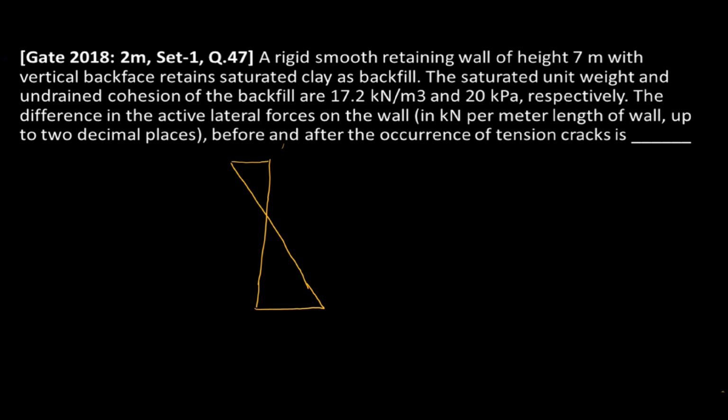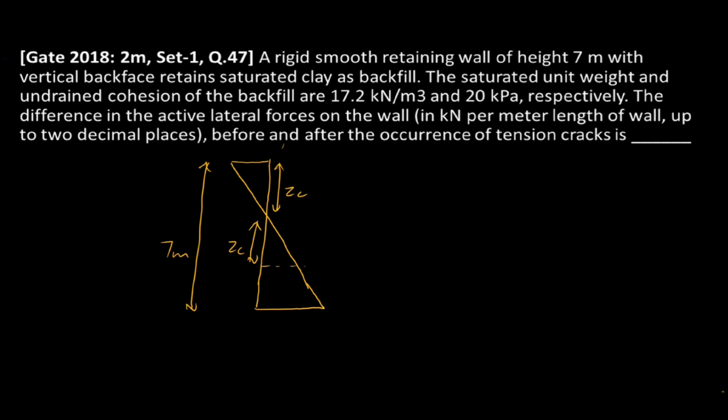Okay, it will be something like this, where this depth will be a critical depth, and if it extended to this one, it will also be Zc. The total height of the wall will be equal to 7 meters.